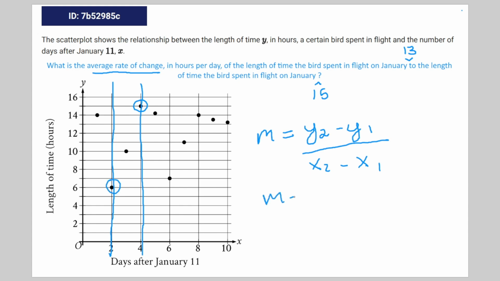So it's going to be m is equal to y2, which is this one, which is equal to 15, minus y1, which is 6, over x2, which is 4, of course, minus x1, which is 2. And that's going to be 9 divided by 2. And that is the answer.